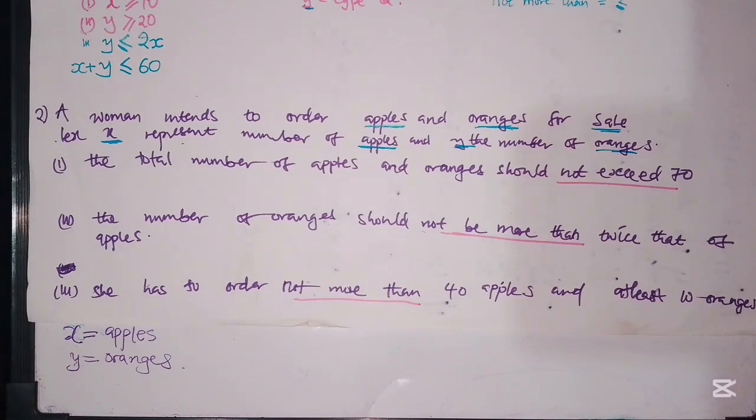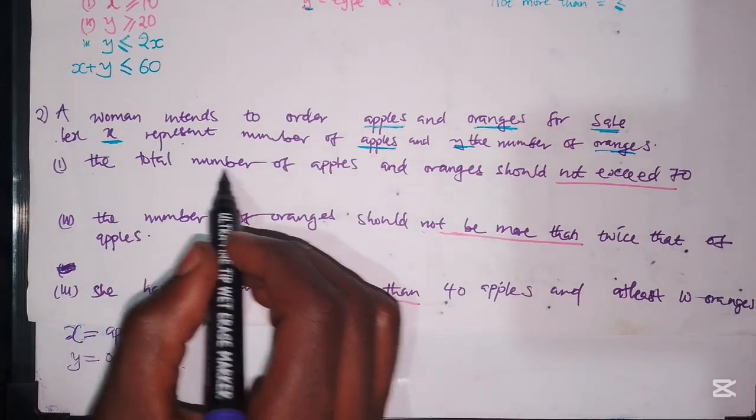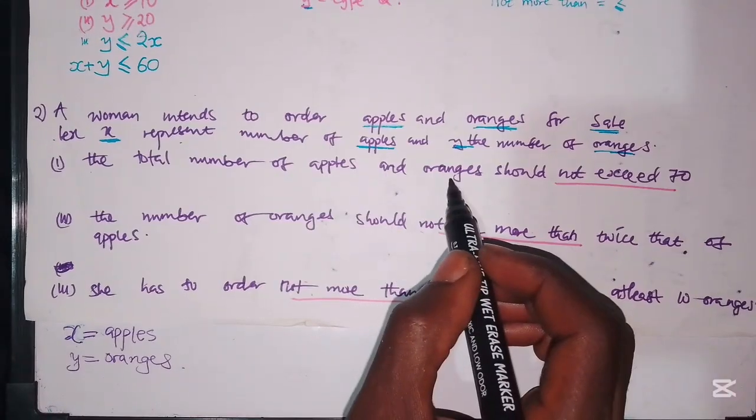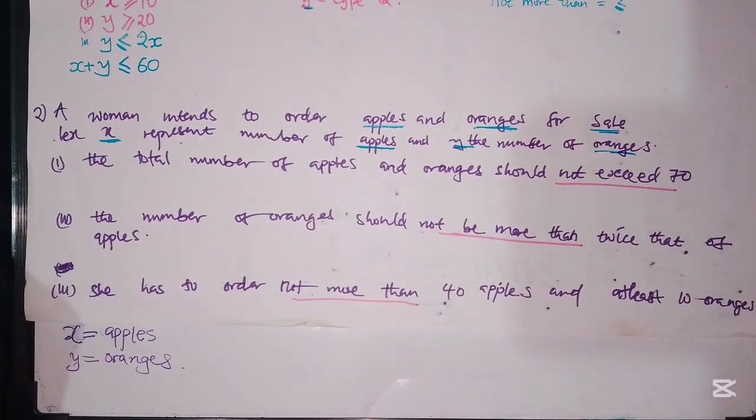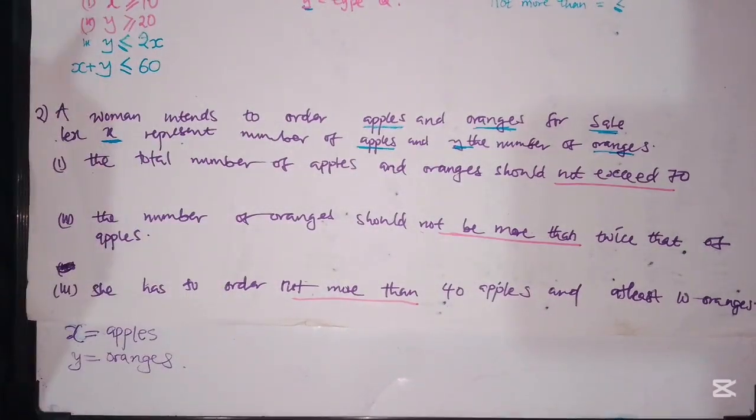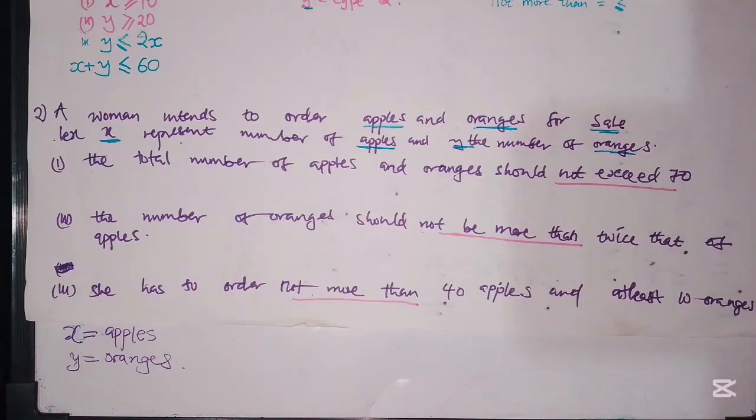Now let's go back to our question. The first inequality we are supposed to make is: the total number of apples and oranges should not exceed 70. Whenever I hear the total number, or the words all together, they are simply saying add the two types. So whenever I hear all together or the total number should not exceed, just add.